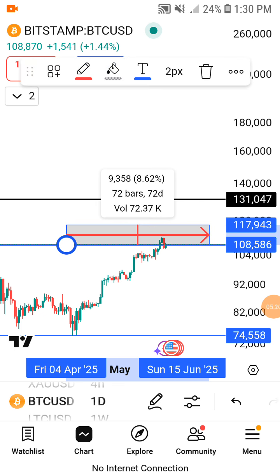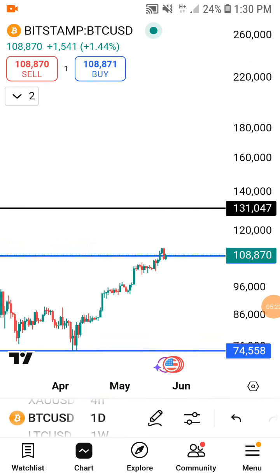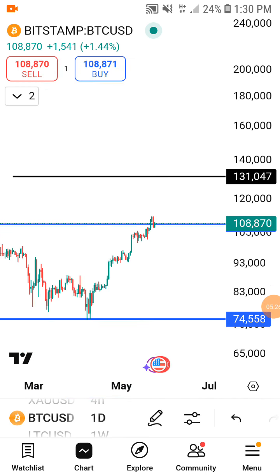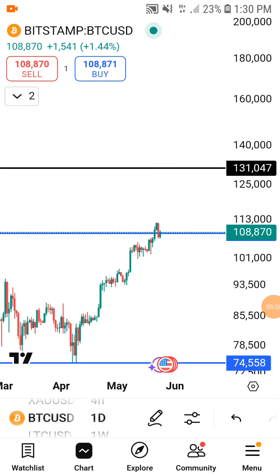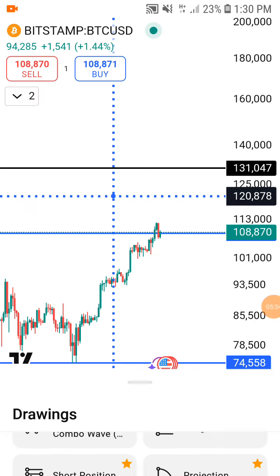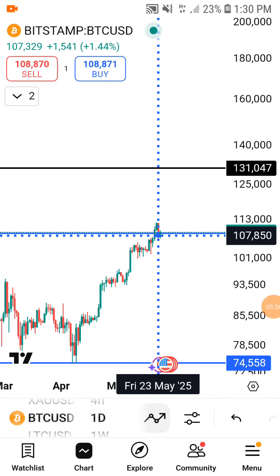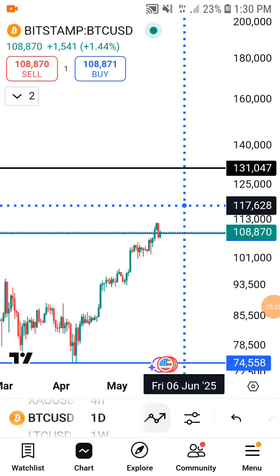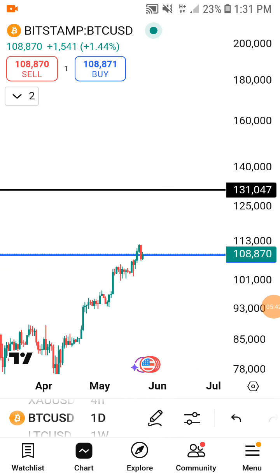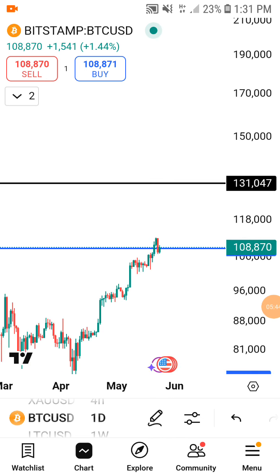Because the market has reached my validator, the next move is to go to this half of the previous distance. Is to go here. Is to go to this half of the previous distance.